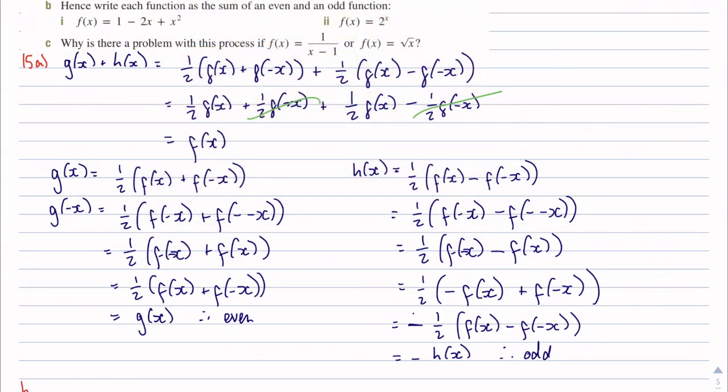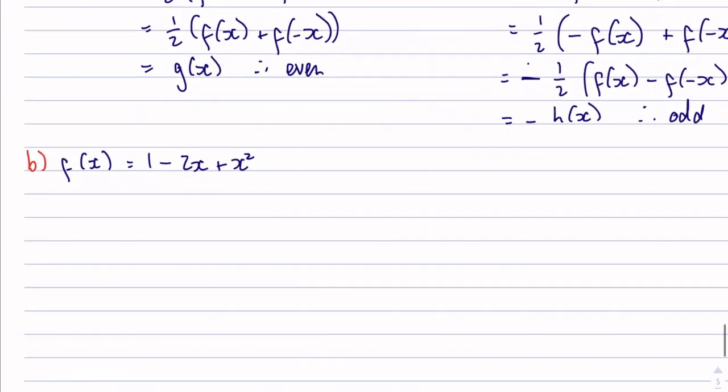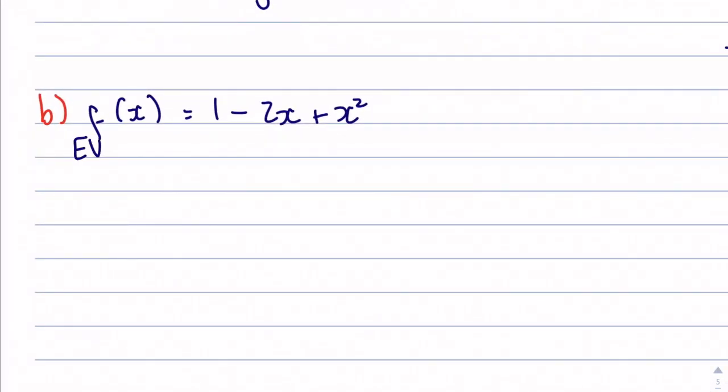For b, write each function as the sum of an even and an odd function. Now we're not doing II. So I've got f of x is 1 take 2x plus x squared. Now, for the even, they have to have even powers, or they have to be constant with 0 power.